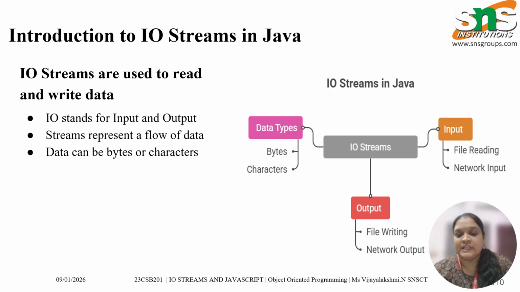With the help of this, we can read the file, and we can connect with the network. And the output will be, we are writing the file, and a network output will be there. So this is the basic diagrammatic representation of an IOStream, how we are giving bytes and characters as input, how it is followed through this pipeline, and then how the file has been read and how it is written.